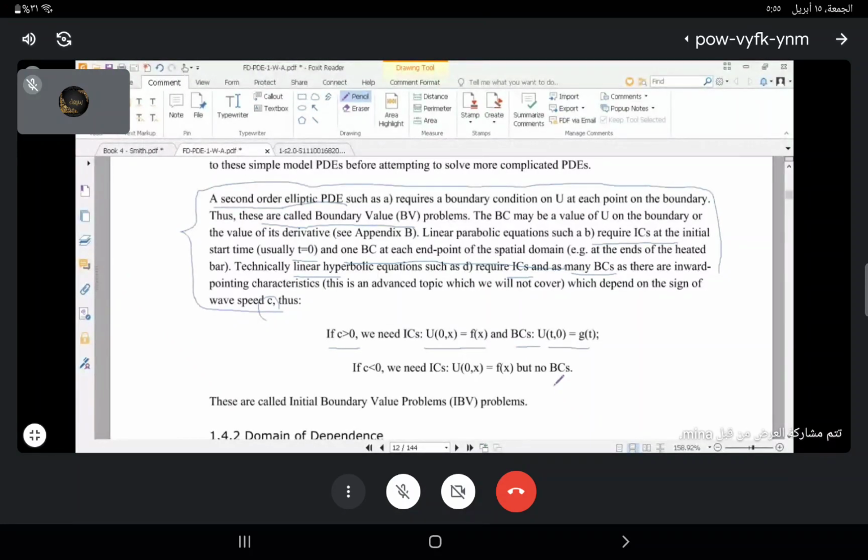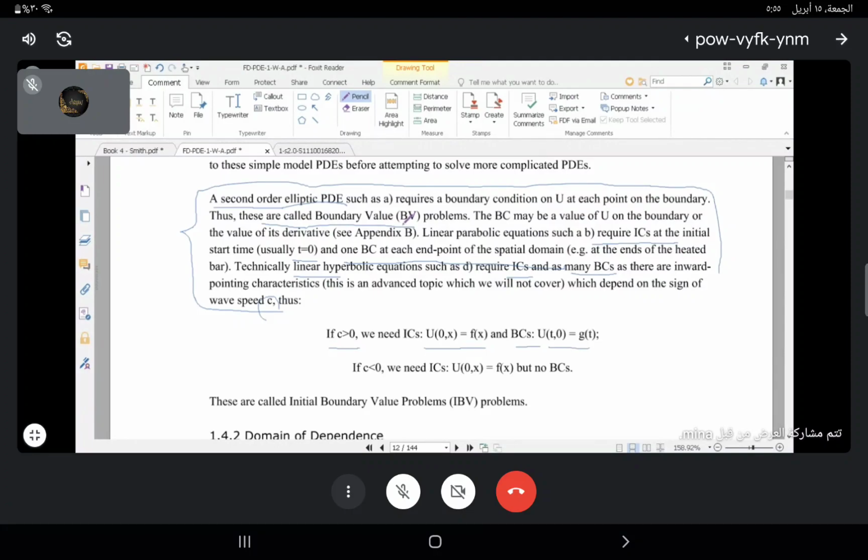Okay? I will repeat this part. We have three types of PDE: elliptic, parabolic, and hyperbolic. In an elliptic PDE, we require only a boundary condition, and the elliptic PDE is called a boundary value problem, BVP.